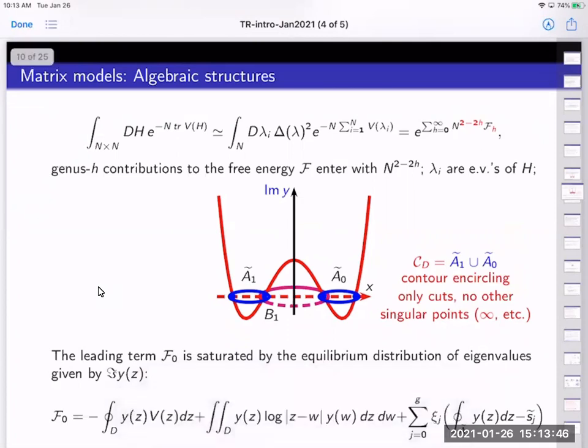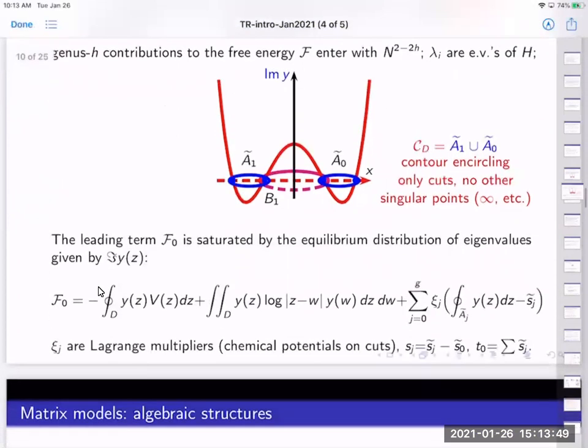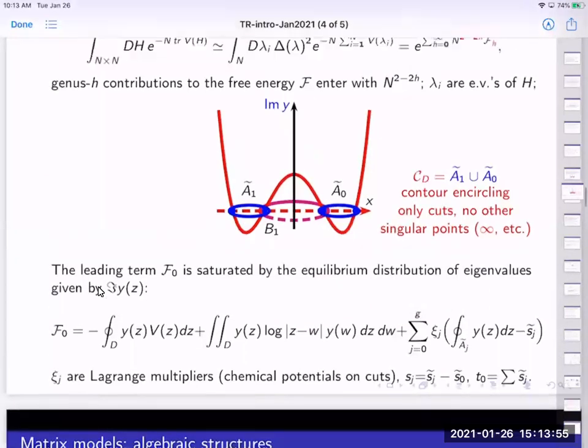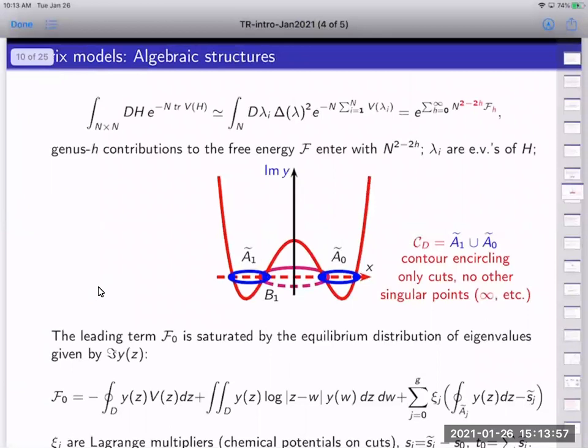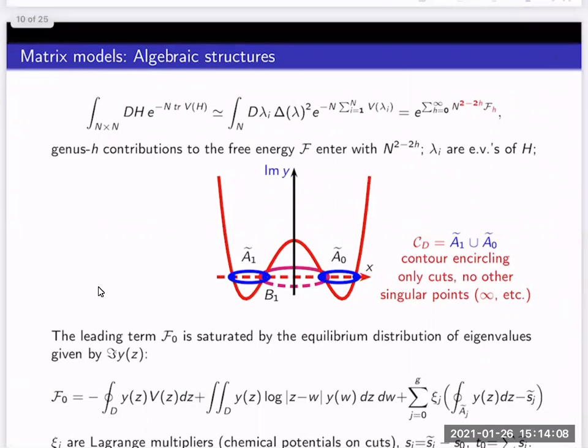So again, to be more precise, it's not a matrix model, it's an integral of this sort that we have upstairs, where I have some knowledge beforehand. So I knew approximately where these cuts are situated, and we fix the number of eigenvalues at every cut. So it's just a preamble of what we are about to do.